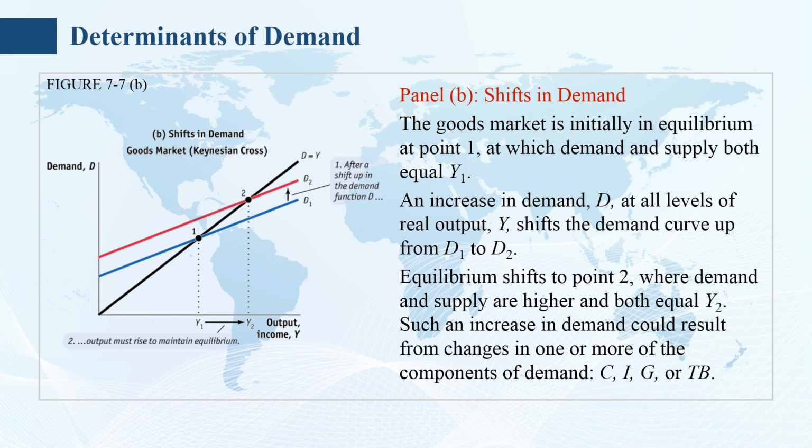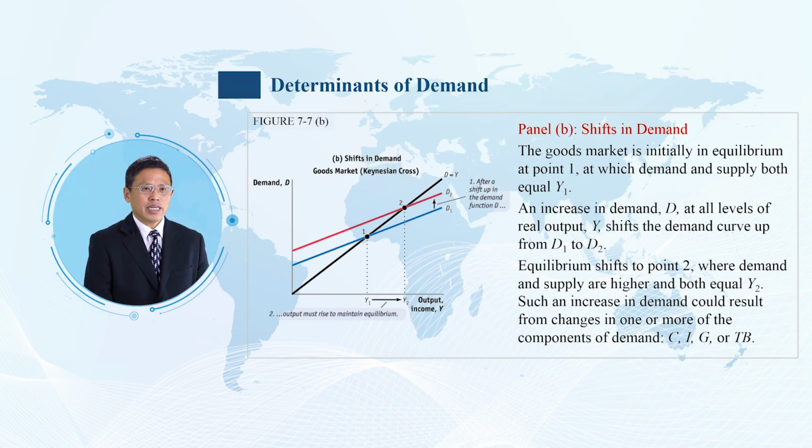Such an increase in demand could result from changes in one or more of the components of demand, C, I, G, or TB. A change in government spending: an exogenous rise in government purchases, G bar, all else equal, increases demand at every level of output.